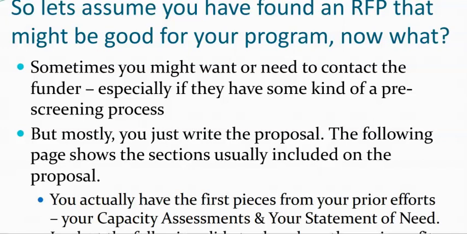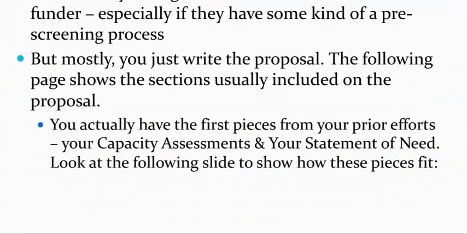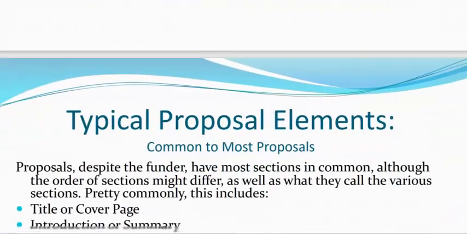The following page shows the sections usually included in the proposal. You actually have the first pieces from your prior efforts, your capacity assessments, and your statement of need. Look at the following slide to show how these pieces fit.